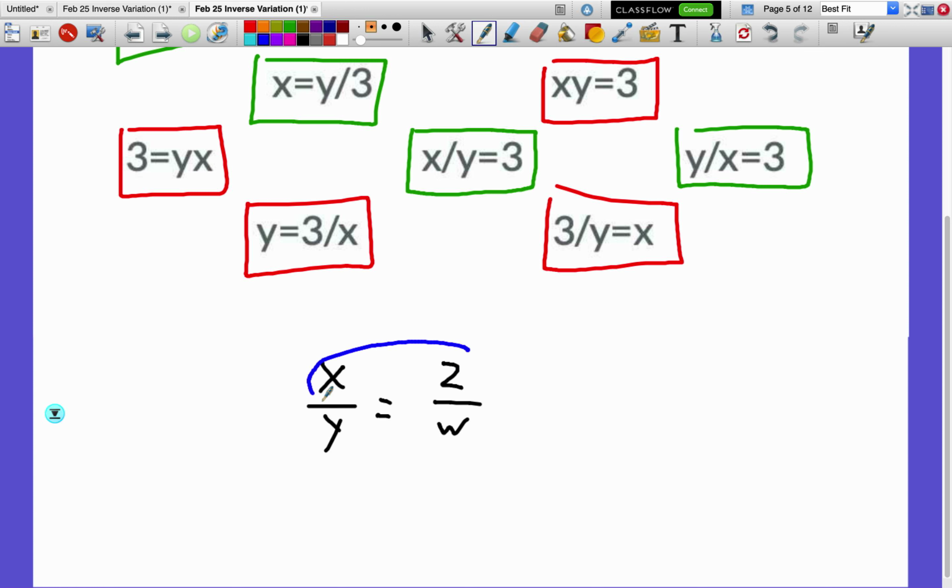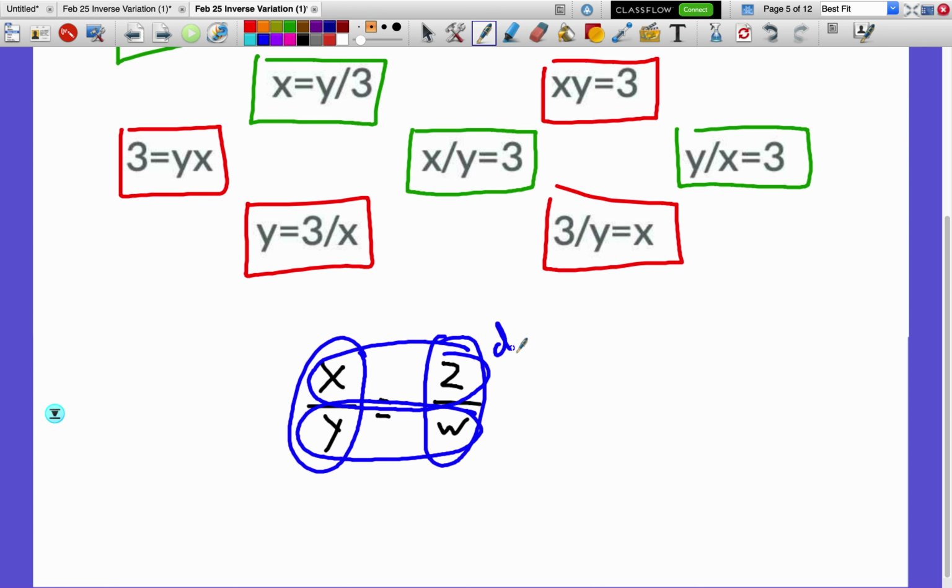If they are directly across from each other, like the x and the z, or the y and the w, or if they're right on top of each other, like x and y, z and w, those are all examples of direct variation. If I increase one, the other one will have to increase to keep everything else constant.